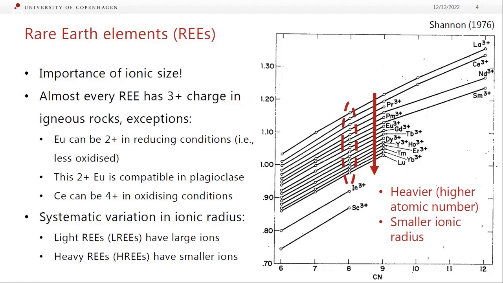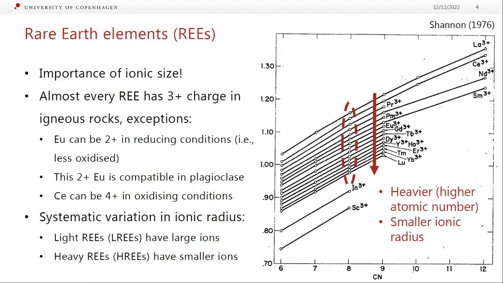So we always have a 3+ charge, and the exceptions are europium, which is one of the middle rare earths. It's in the middle of that sequence. That can be a 2+ charge in reducing conditions. This is the same as saying it's less oxidized, and there's less oxygen around.